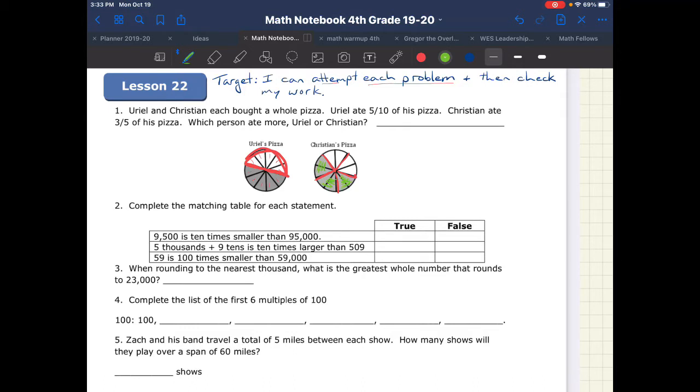So 2/10 is the same as a fifth. So over here, this 3/5 is the same as 6/10.